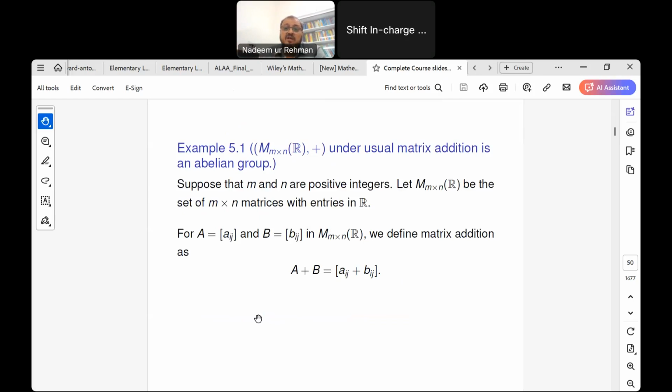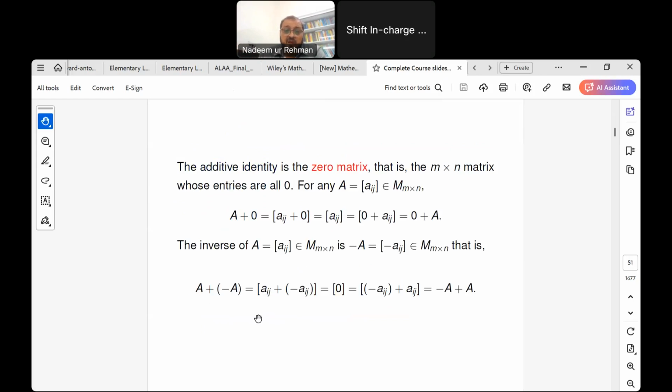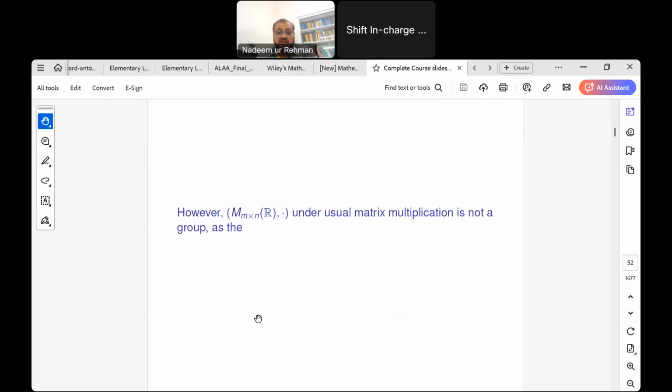They satisfy the conditions of a group under addition. So we verify that all the conditions are satisfied. The zero matrix is the additive identity, and minus A is also a matrix, so the inverse of a matrix A is minus A.